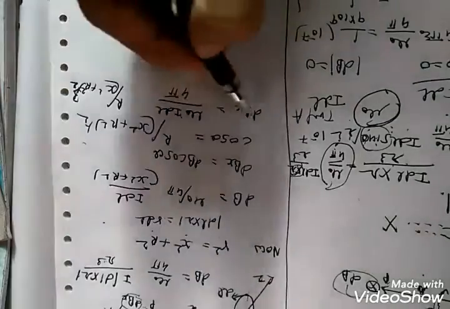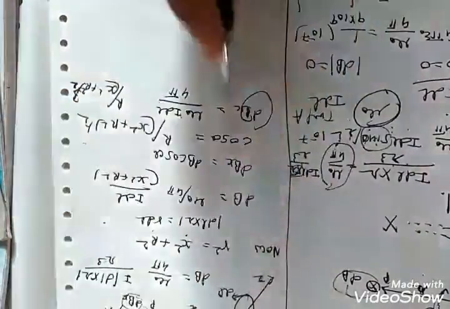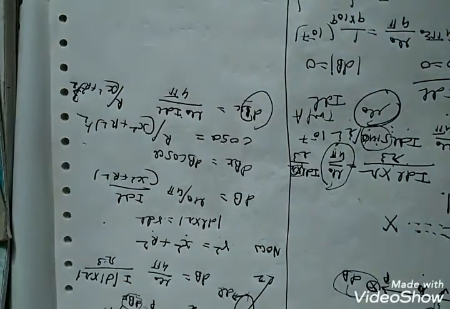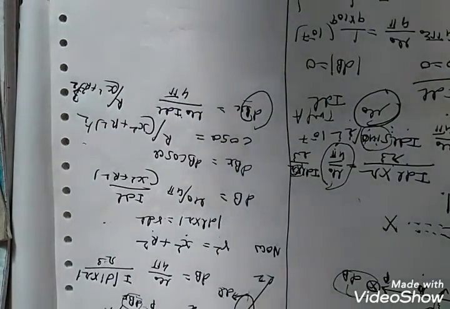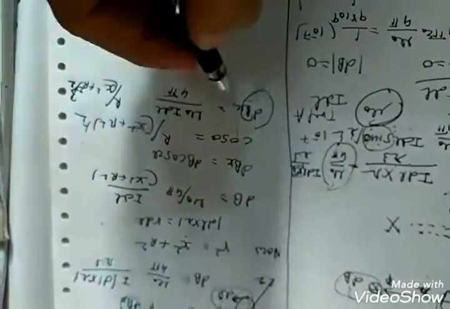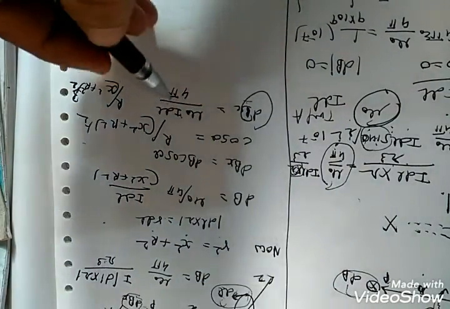This is the small component dBx, and we sum over the elements dl to find the magnetic field component.